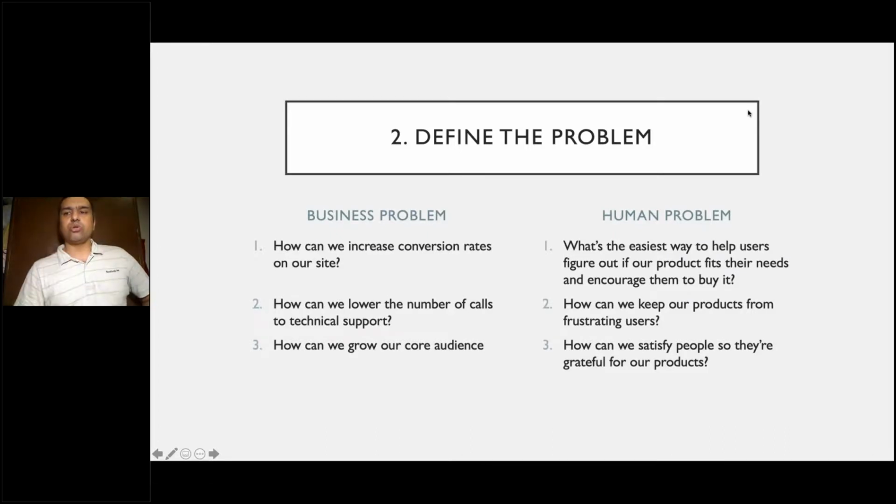Now, I have a small question, and I'll again request you to answer this in the chat. We all know this, right? Converting the business problem to a human-centric problem is natural, something we should be doing.